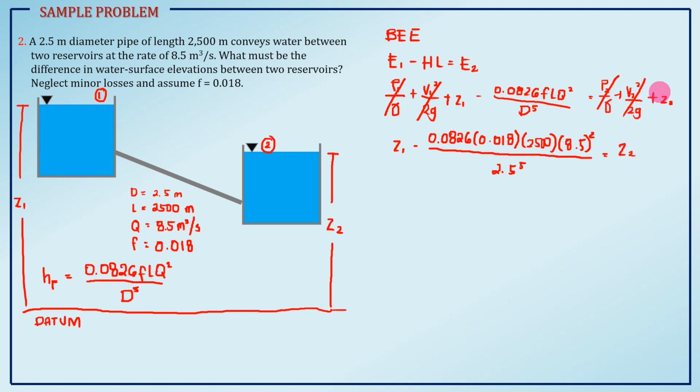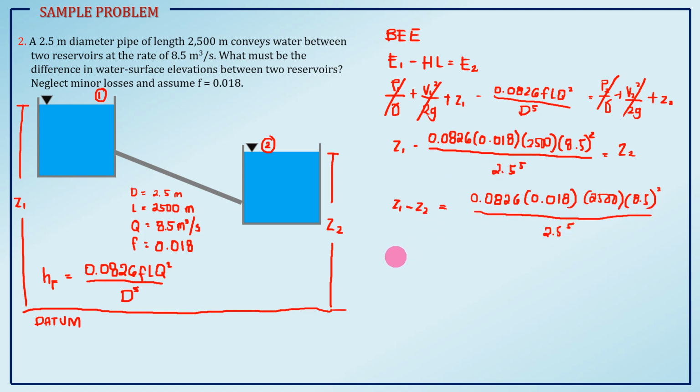What is being asked is the difference in water surface elevation, so we have Z1 minus Z2, which is just this: 0.0826, 1825, 8.5 squared over D raised to 5, 2.5 raised to 5.